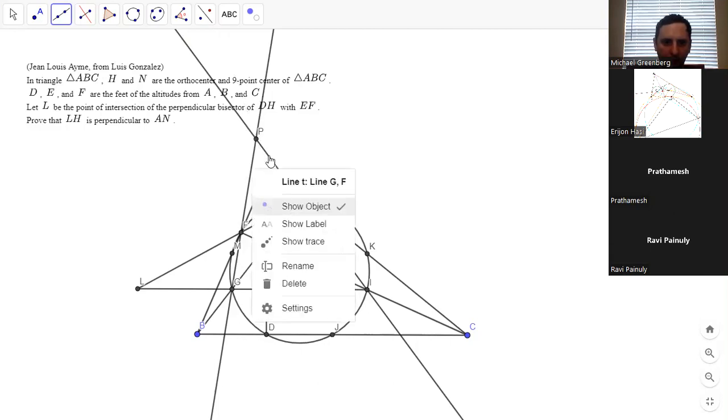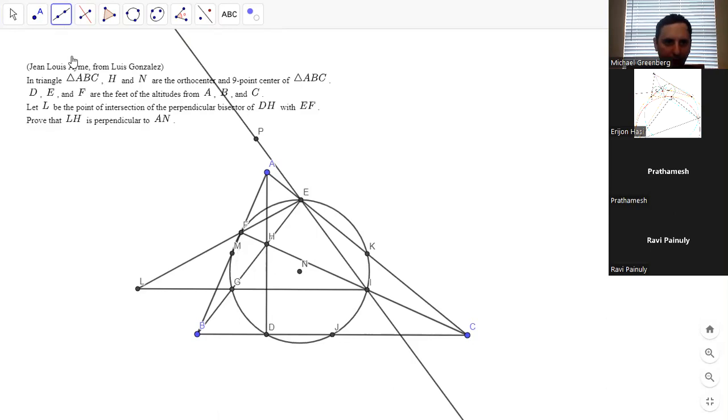So let me just draw the segment. Is it just harmonics? Let's see. So yeah, how do we show P, A, and N are collinear?